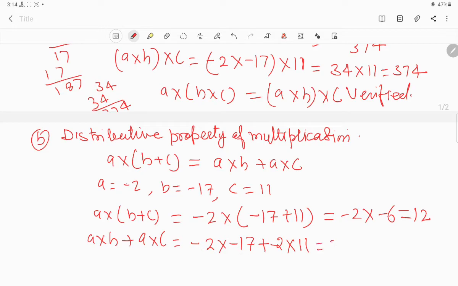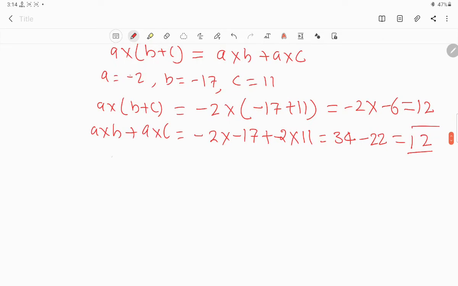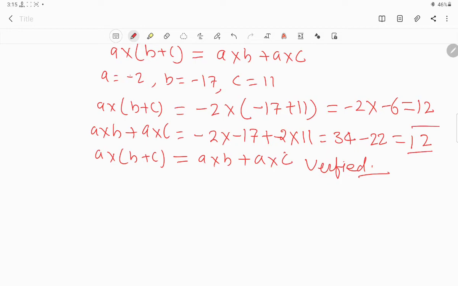Minus and minus multiply gives 34, and -2 into 11 is -22, so 34 minus 22 is 12. Both sides come the same number. So the distributive property is also verified, A into (B plus C) is equal to A into B plus A into C. This is also verified.